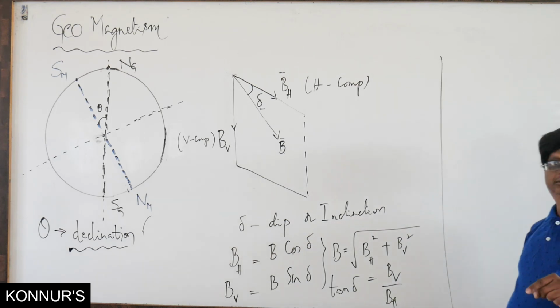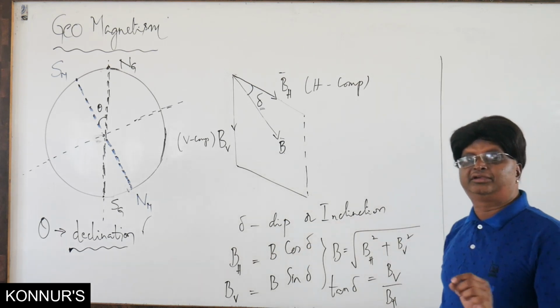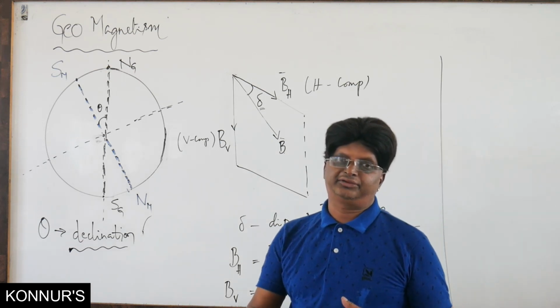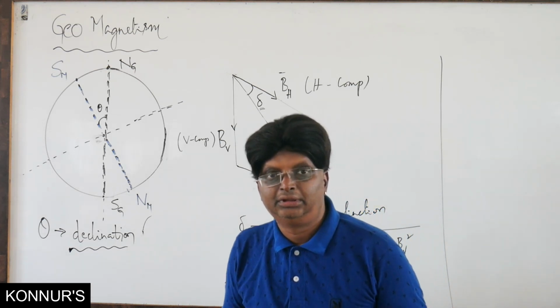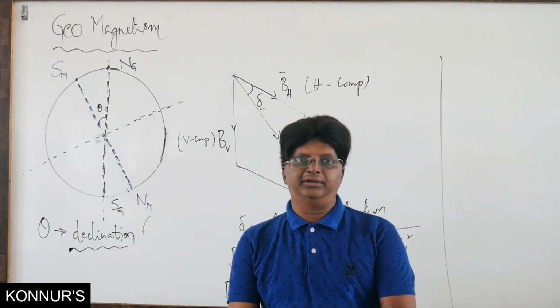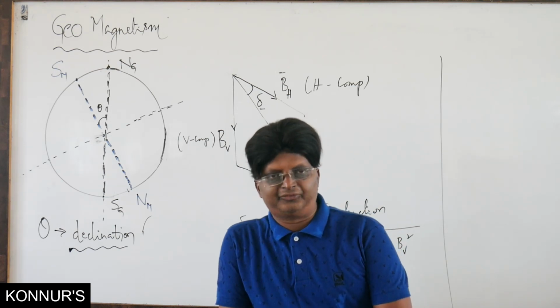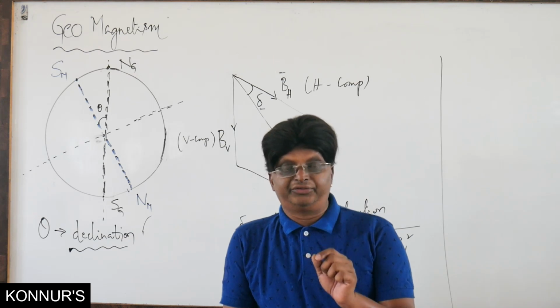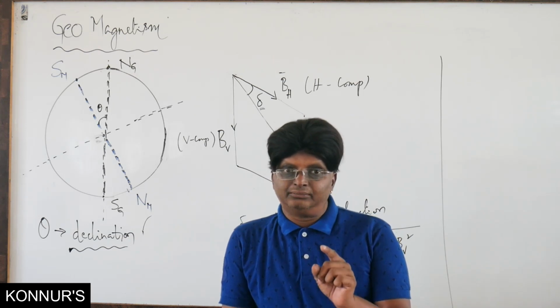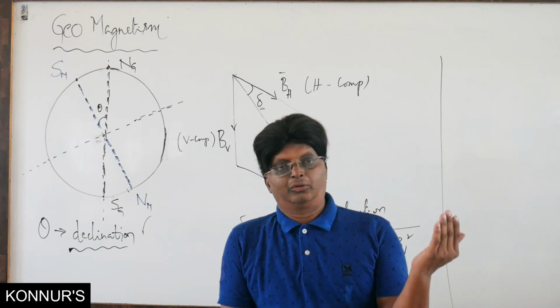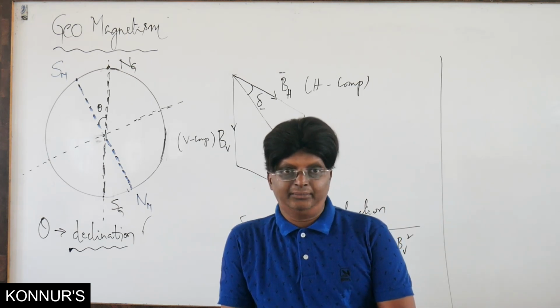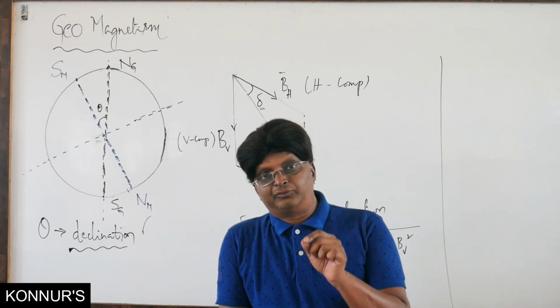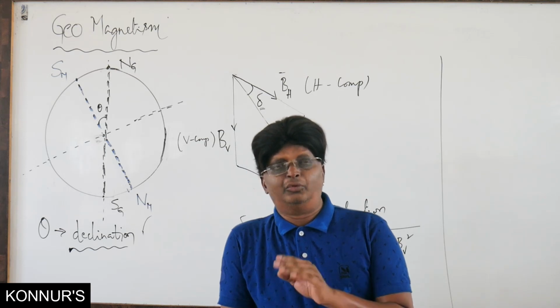And one more thing, in which of the cases we have to use BH and in which of the cases we have to use BV. You remember in electromagnetic induction, in the case of motional EMF, there I have specifically mentioned where we are using BV. One more time, if you have any doubts, go back and watch the session one more time. Now, when do we use BH, which is most popular?